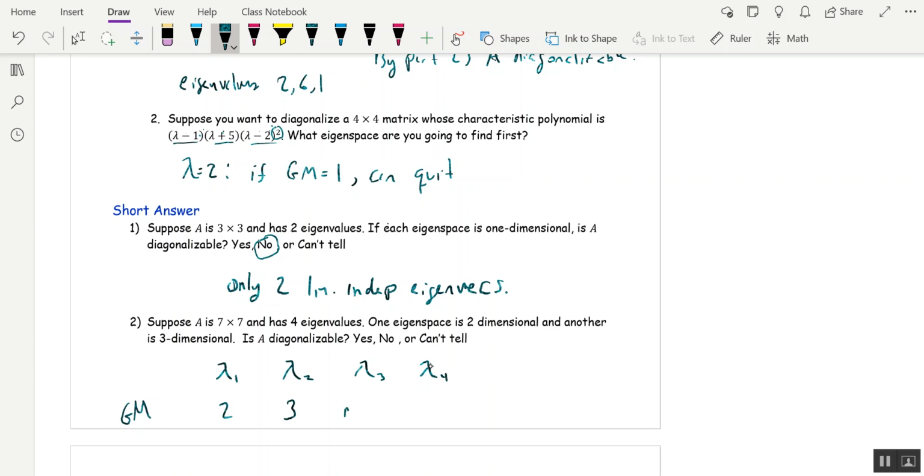The minimum for the others is 1, since your GM always has to be at least 1. So let's count: 5, 6, 7. Yes, A is diagonalizable. I have 7 linearly independent eigenvectors. The dimension of the eigenspace is the number of linearly independent eigenvectors. So 2 linearly independent, 3, and then 1 and 1. So yes.